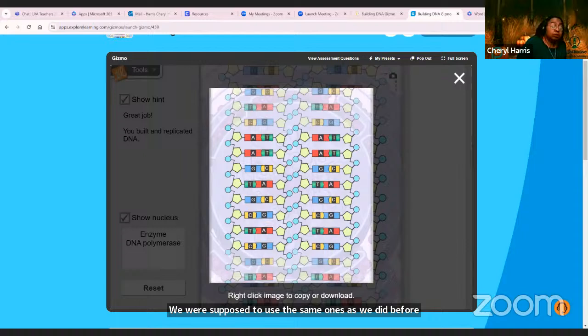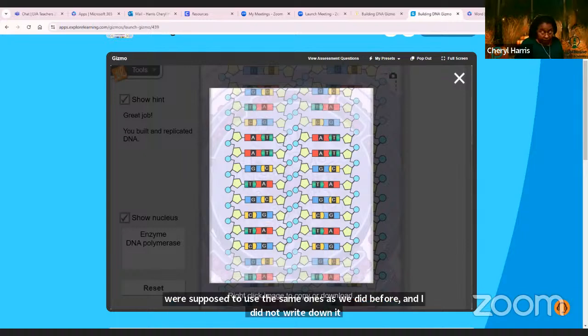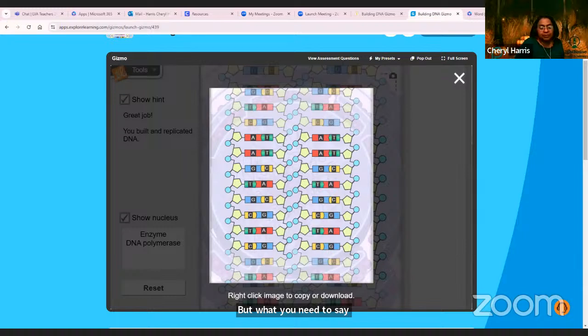But what you need to say is it would have been identical had I not rebuilt it. So what I should have done was rebuilt this one the same way as the first one, and I didn't. I randomly put this one together. But what should have happened was the one that you built the first time, had I not reset it, they should be exactly alike.